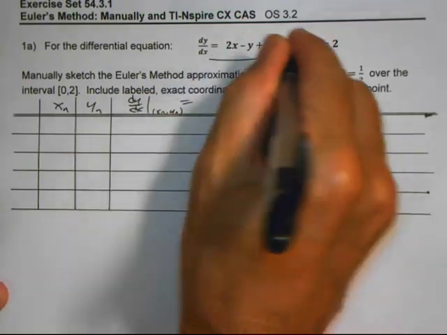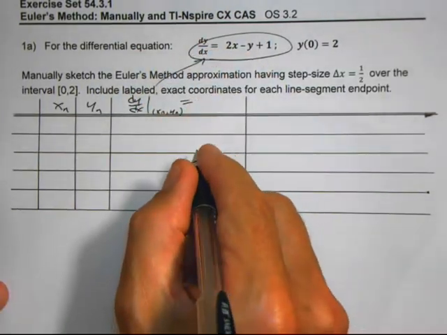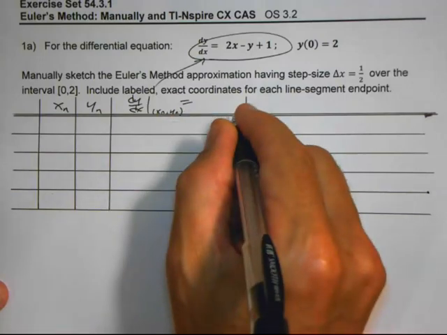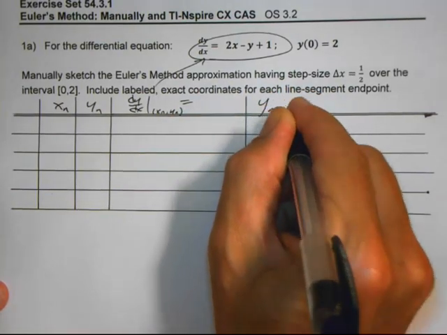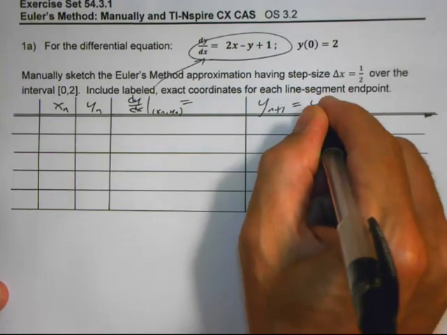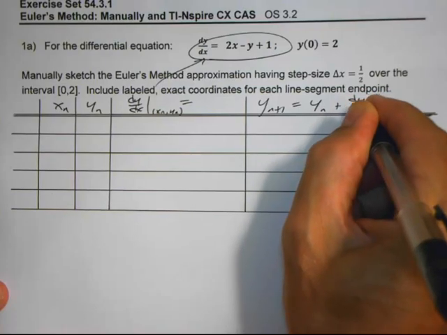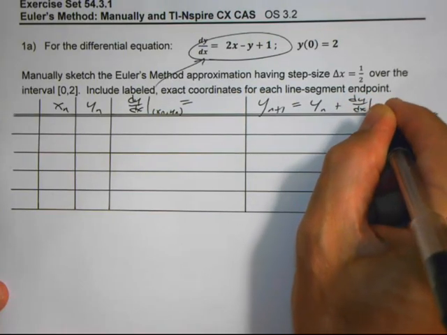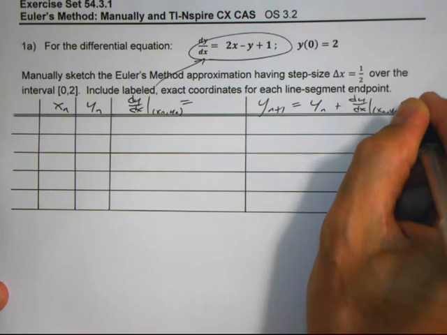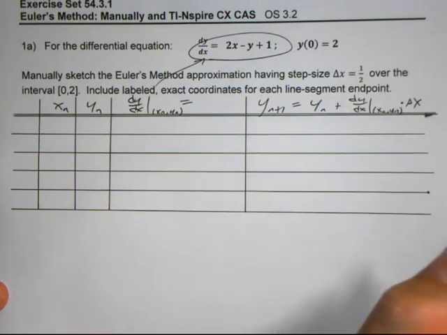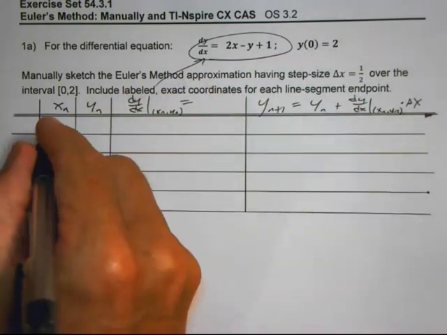And we have right here a formula that we can use for that. Once we have our direction in mind, we can go to the next y coordinate, y sub n plus 1, and that will become y sub n plus dy dx evaluated at x sub n, y sub n times delta x.